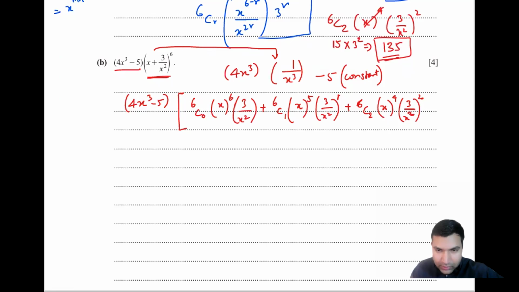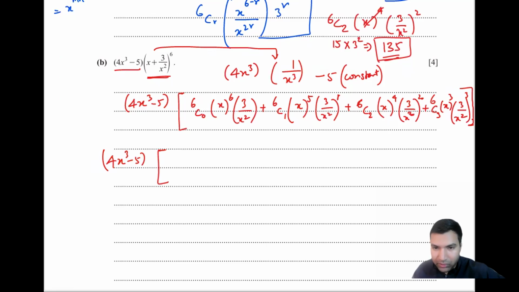Okay, so where do we get 1 over x cubed? Let me do one more term. 6c3, x cube, 3 over x squared whole thing to the power 3. Okay, so I need to open till 3. Right, so now we have 4x cubed minus 5.